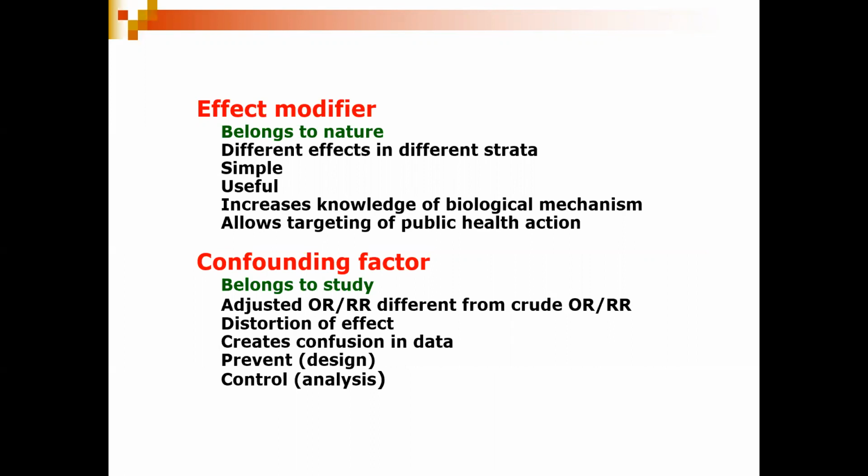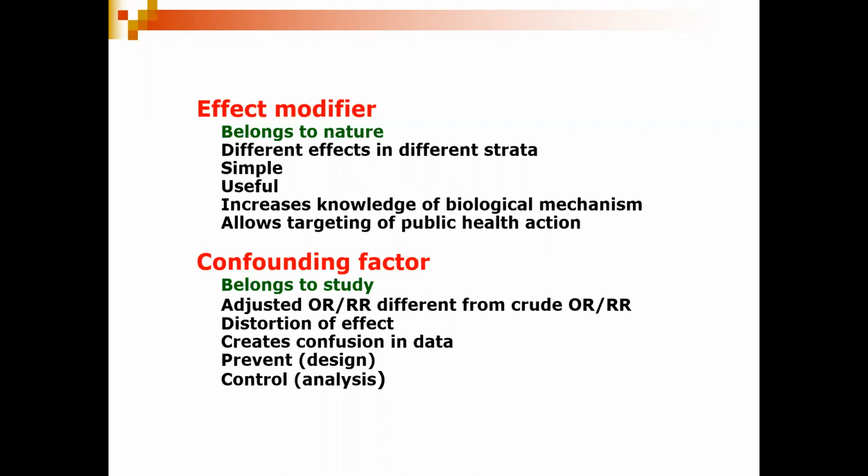In most cases, effect modification is useful. Why? Because it can be used for targeting public health interventions. If you pull this thing, or reduce this thing, we are going to have a synergistic or maybe an opposite effect. So we can apply those techniques to control some of the diseases.